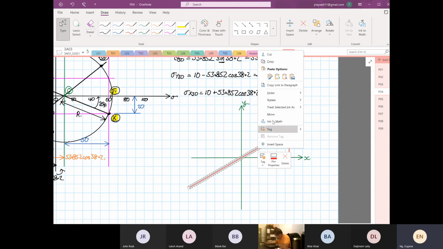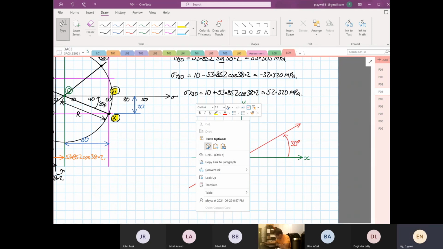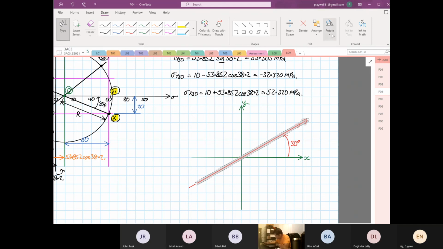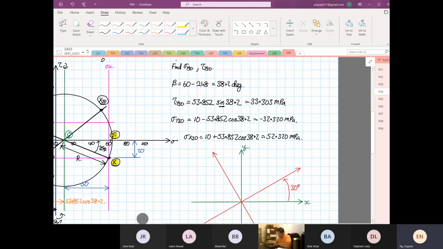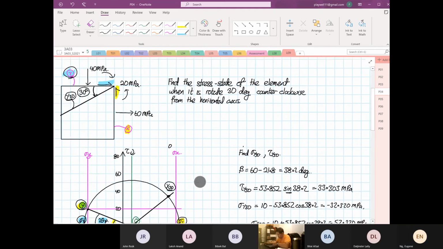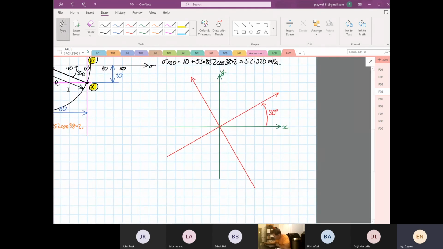So I'm going to rotate. That's the inclination of the element that we want to find, 30 degrees. So now we're going to draw the element. We're going to construct the element.